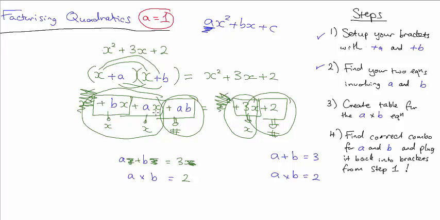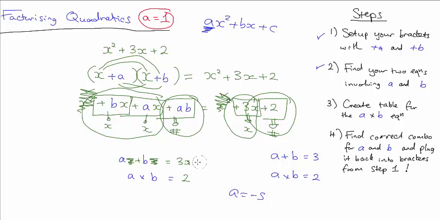After you do this 2-3 times, it never changes. The reason you put plus A and plus B is that if we find out later that A equals minus 5, then this bracket will have x plus minus 5, which just turns into x minus 5. So don't worry about that. It's always going to be pluses for both of them.